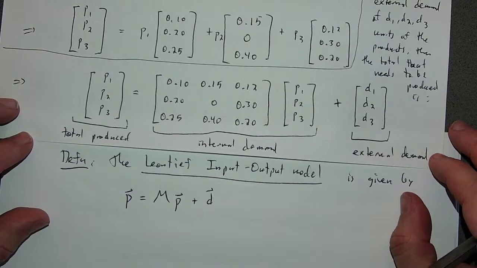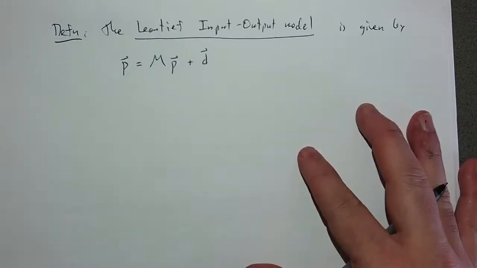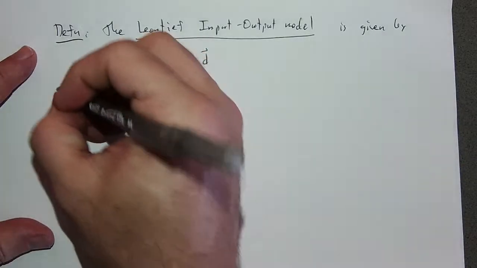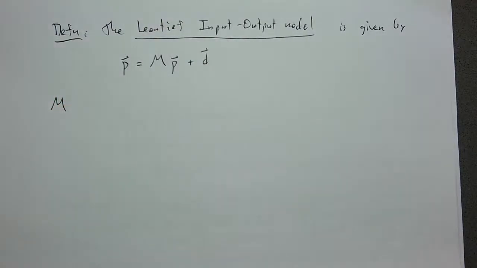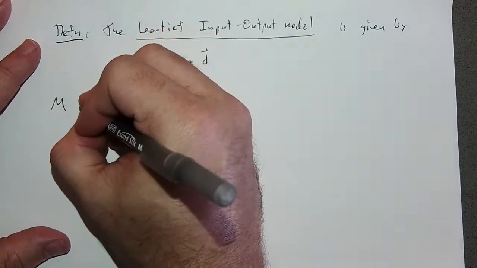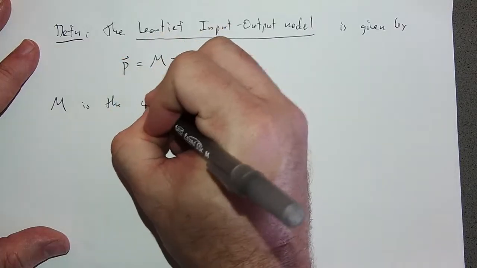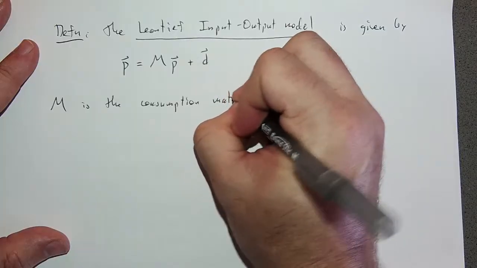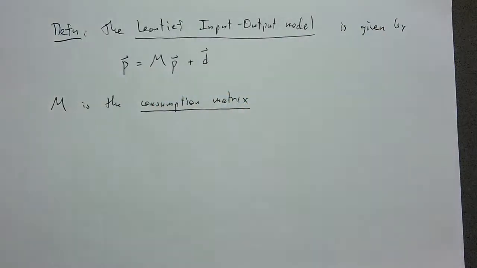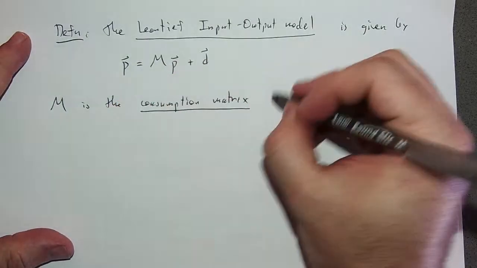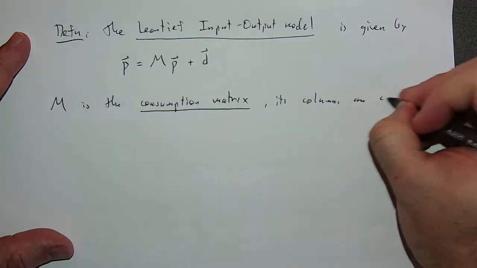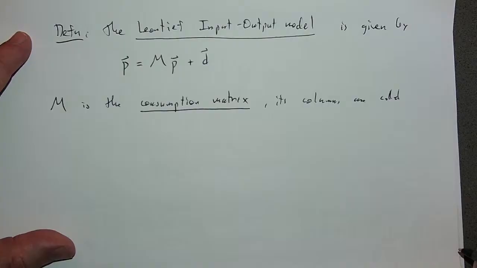Okay. Now, based on that previous example, we have some terminology. It's not going to be too surprising for you. So, M is called the consumption matrix. Its columns are called consumption vectors.